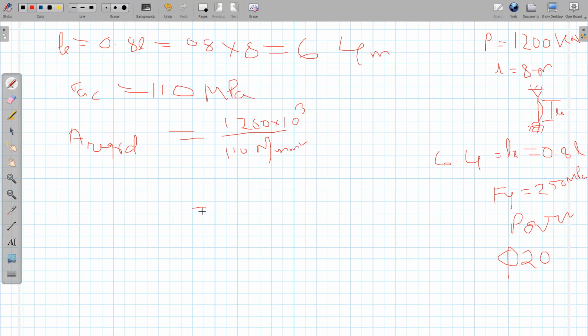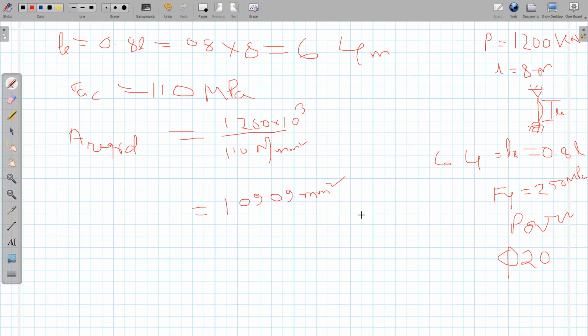If we do the calculation, it comes to approximately 10909 mm square. That means, since it is a built-up section, I need at least two sections of identical type, meaning if you are choosing I section, then both sections must be I sections.